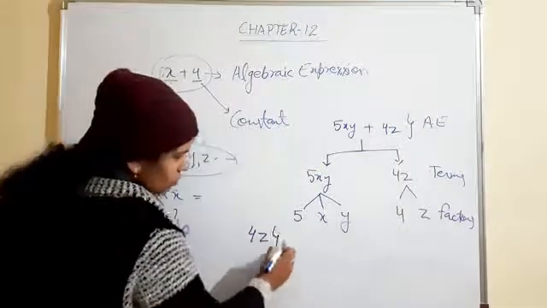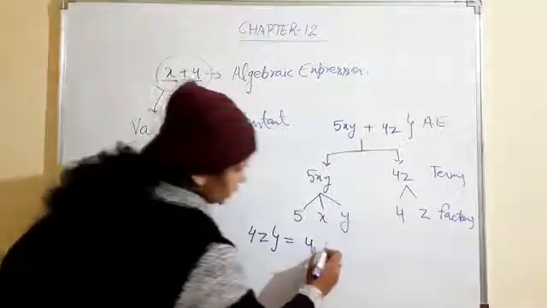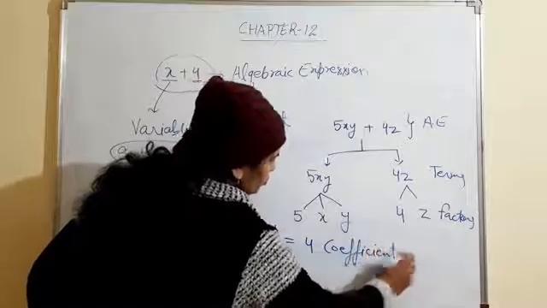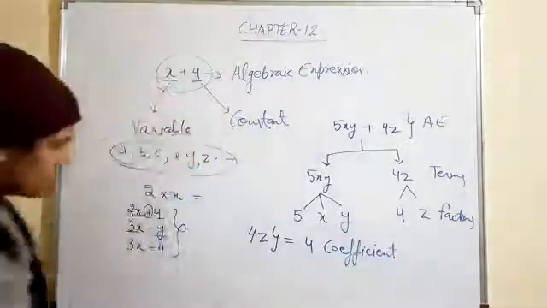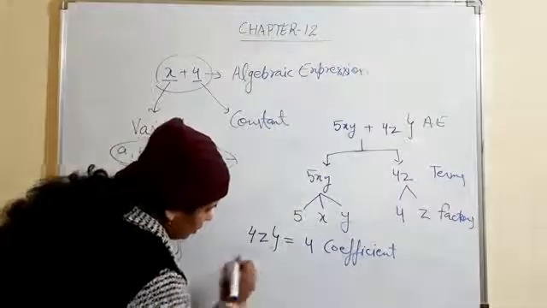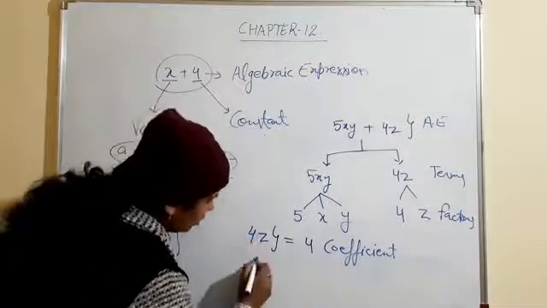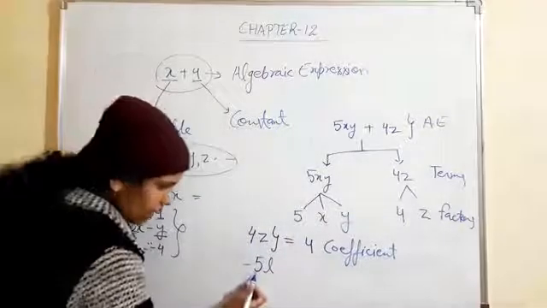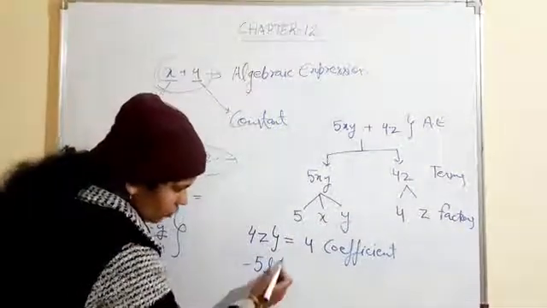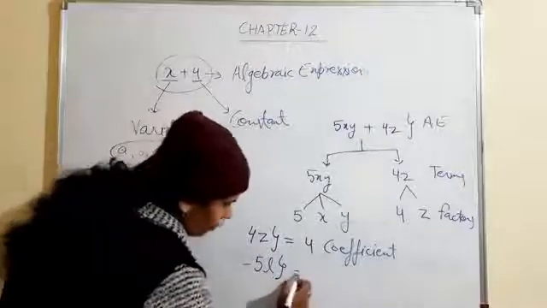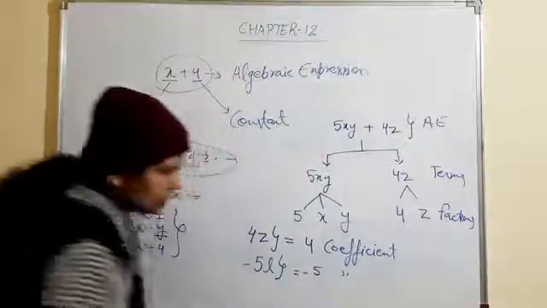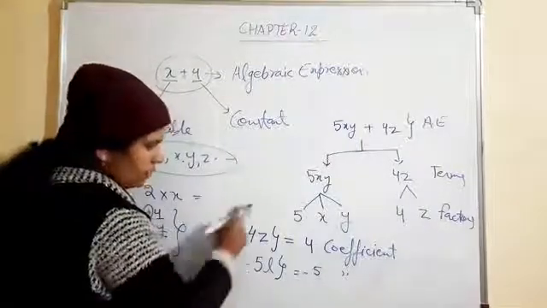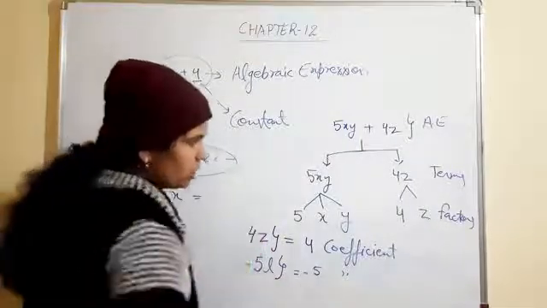So here in this term, 4 is the coefficient. One more example, this time take a term with a minus sign: minus 5l. Minus 5 is multiplied with the variable l. So here in this term, minus 5 is the coefficient. Any number with its sign that is multiplied with the variable is called a coefficient.